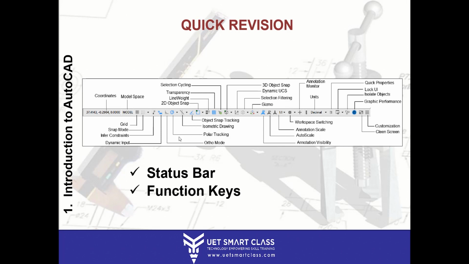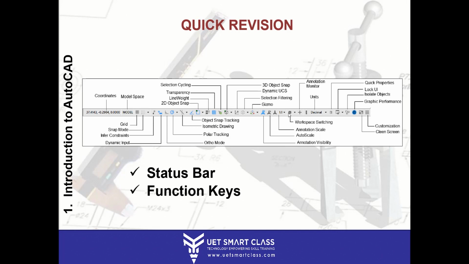There are some functions which can be toggled on and off through function keys and also through the status bar buttons like grid, snap. There is 2D object snap, that is also known as O snap. Then we have dynamic input, then we have dynamic UCS, then we also have buttons like tracking from object snap or polar tracking.